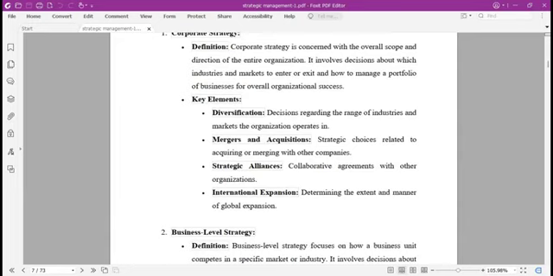Diversification here means decisions regarding the range of industries and markets in which the organization operates. What are the decisions of an organization?